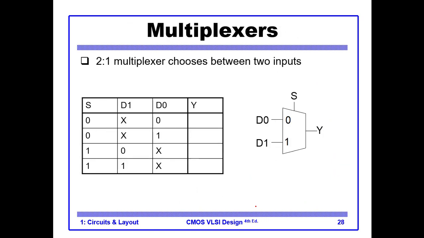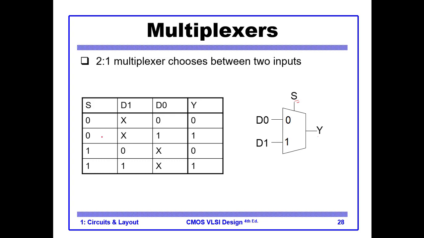Now we come to another important circuit, that is the multiplexer. So what is a multiplexer? A multiplexer can choose between two inputs. Imagine that you have one output and you want to connect it to two inputs, D0 and D1, and which one will connect depends on the signal S, or select signal. Let's come to the truth table.